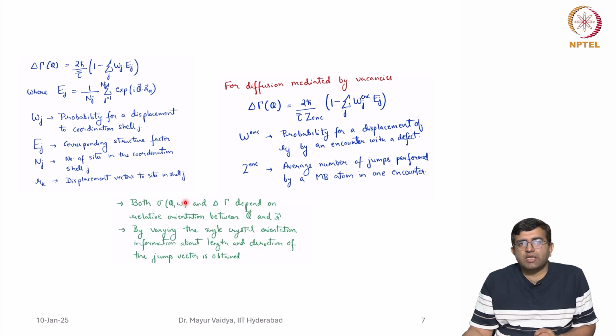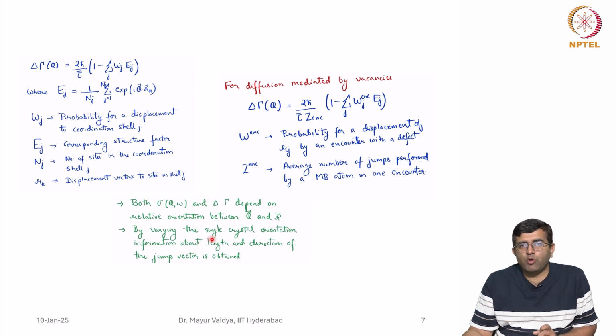Now, both sigma and delta gamma depend upon the relative orientation between q and r. You can see that q and r come in here also, and previously we saw that sigma also contains q and r terms.